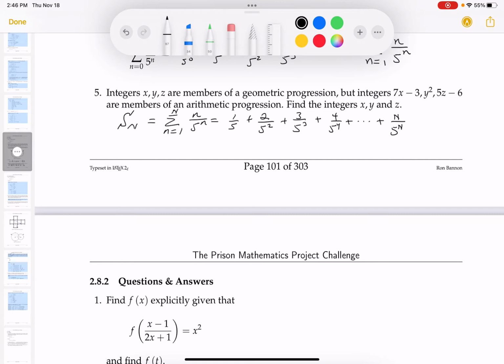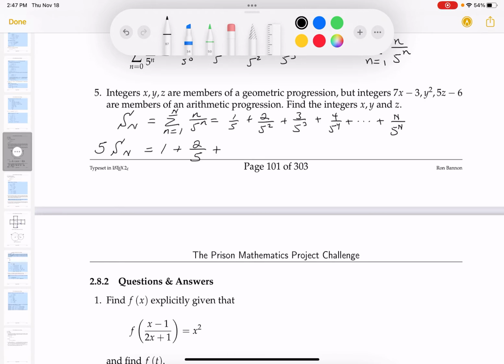Well, I'm still going to look at it. Because I notice there are these factors of 5 in the problem, I'm going to just take a stab at it and say 5 times S_n. And what would I get? All right, so let's write this down. Well, 5 times the first term is just 1. Now, 5 times the second term is going to be 2 over 5.